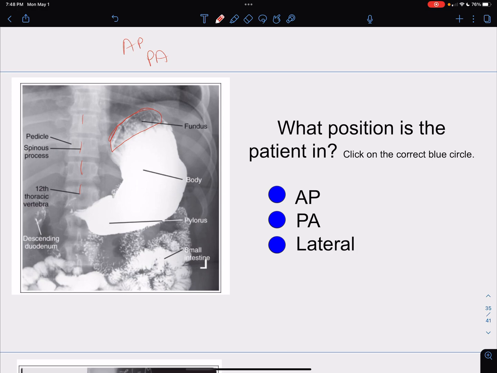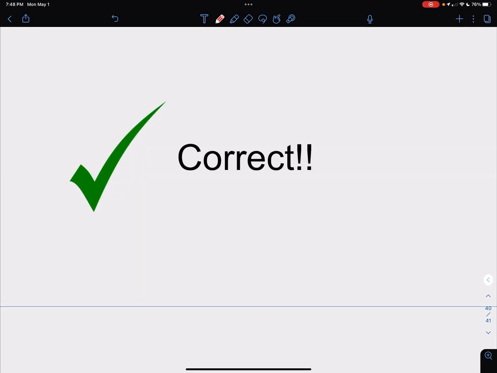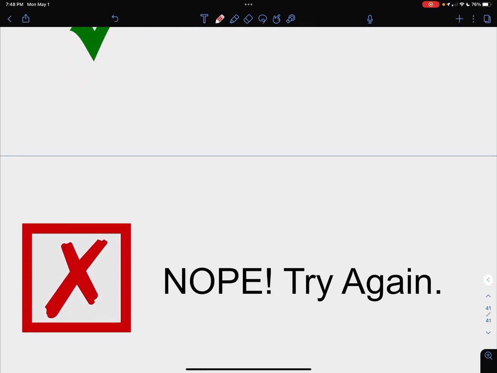If the patient were supine, the fundus of the stomach is more posterior, so the barium would be up here. But since there's air up here, they're not supine, they're prone. So this is going to be a PA. Okay, so it says correct.